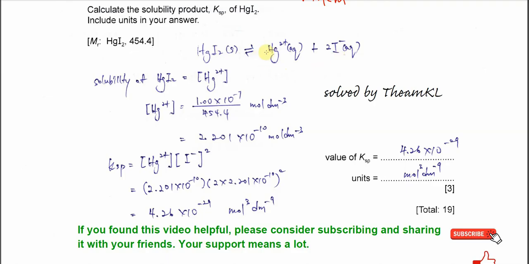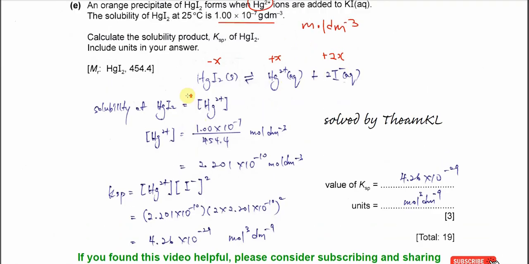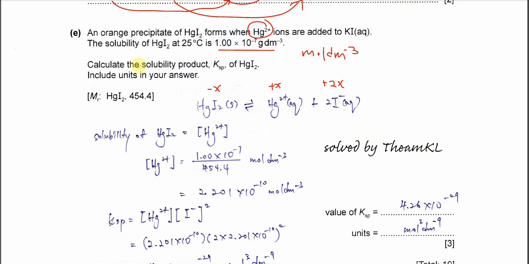Let's say x mole dissolves. It will form x mole of the mercury ion, and 2x mole of iodide.